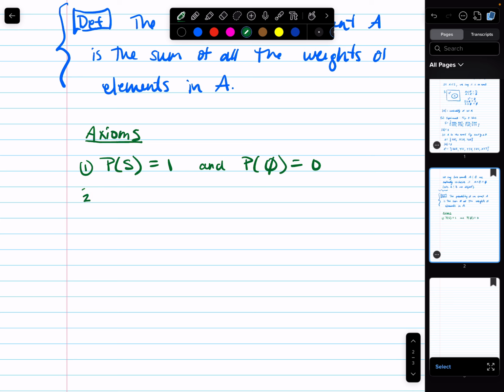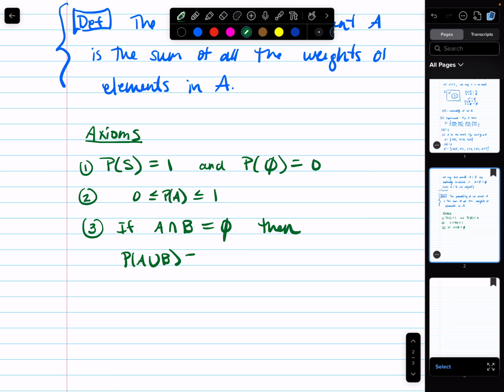The second thing that we're going to require is that the probability of any event A is between 0 and 1. And the third one is if the intersection of A and B is empty, that is, they are mutually exclusive, then the probability of the union of those two sets is just the sum of their respective probabilities.